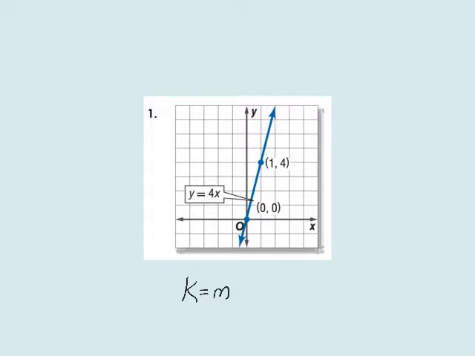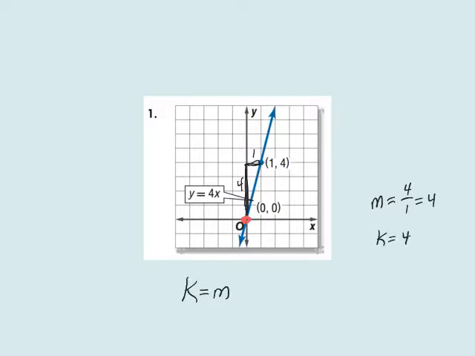So all you need to do here is find the slope by going up 4 and over 1, it's 4 over 1, or just 4, and also the constant of variation is 4. The reason it's got a constant of variation is because it goes directly through the origin.